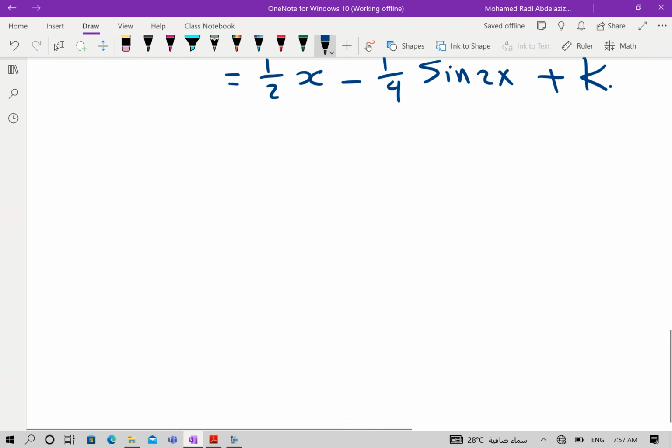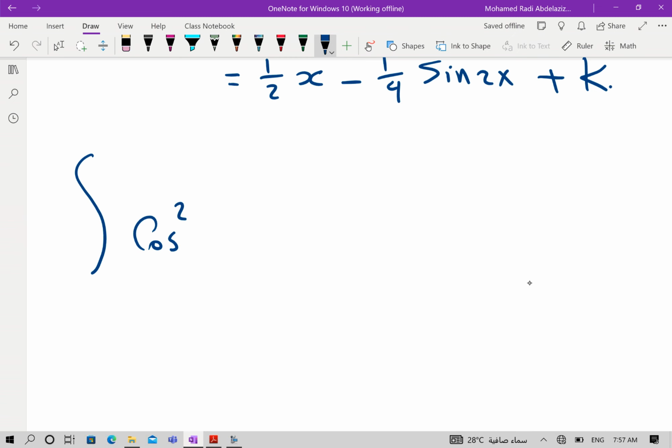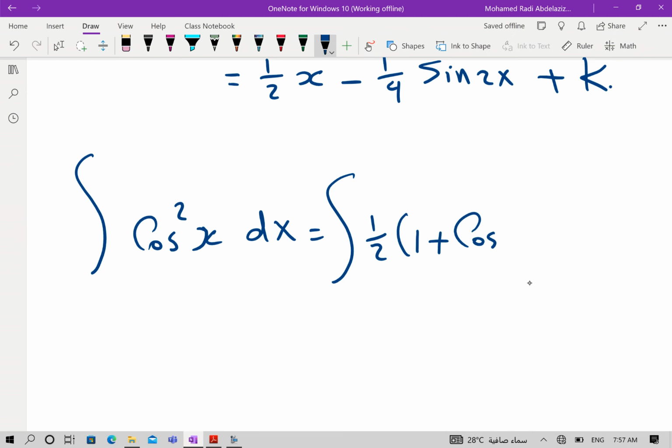By the same way, if I ask you to integrate cosine squared x dx, remove cosine squared and get the identity which includes cosine 2x, which is half, 1 plus cosine 2x dx, then start to integrate.